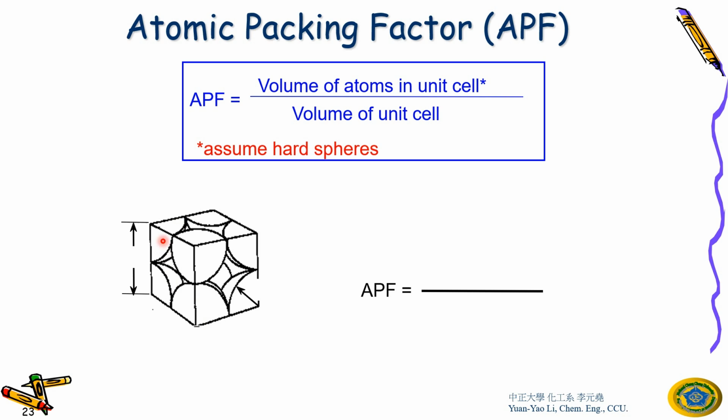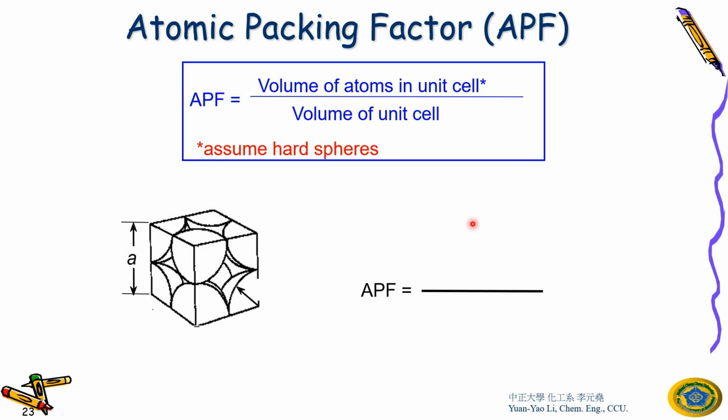Why? Because this is 1 eighth, 1 eighth, 1 eighth, 1 eighth. So you have 8 one-eighths. That means 1 eighth times 8, which is 1 atom, right? And do you know the radius of this one? Yes, you do. Why? Because this is R, right? And 2R is the length of the cube.